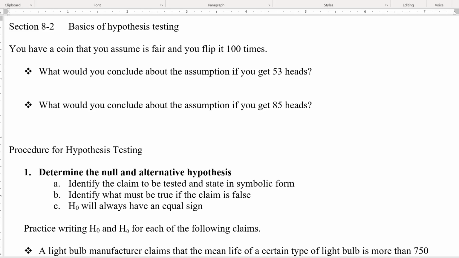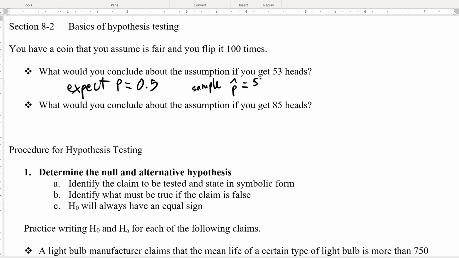Well, what would we expect if it was a fair coin? Then the probability should equal 0.5. What did we actually get? Well, this is from our sample.